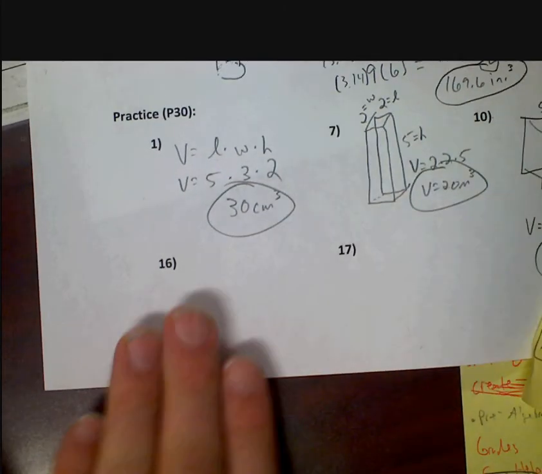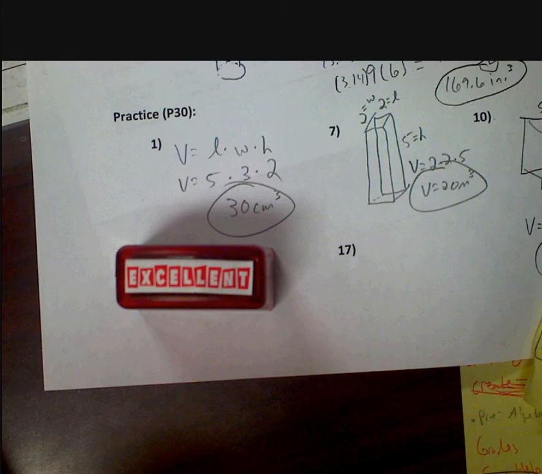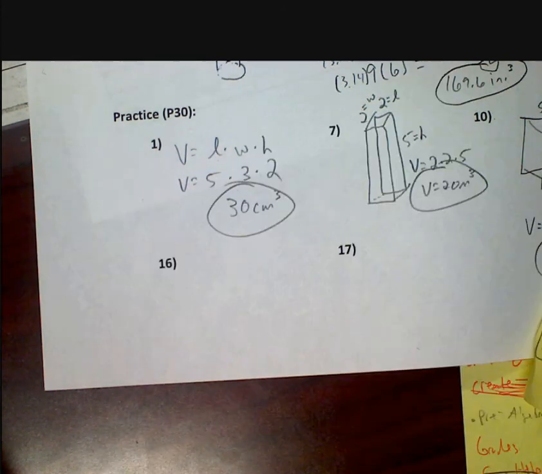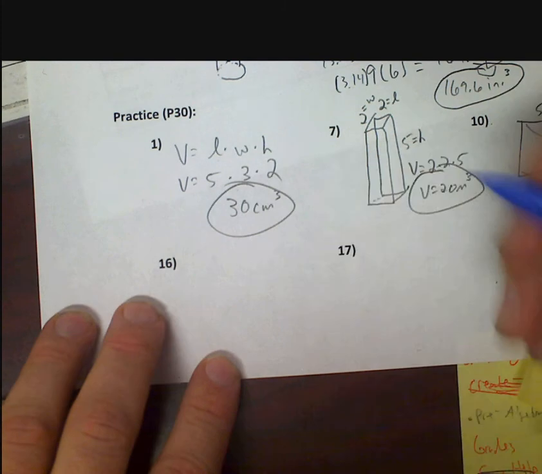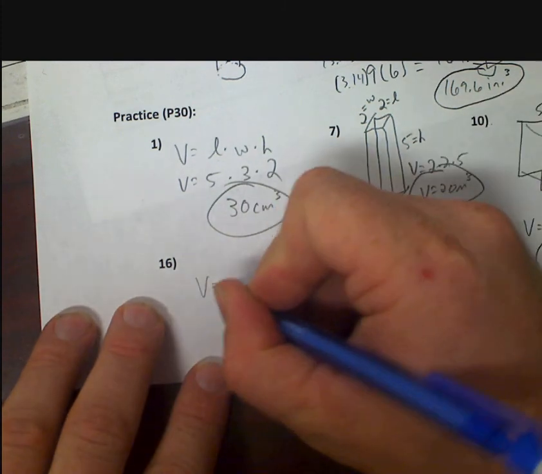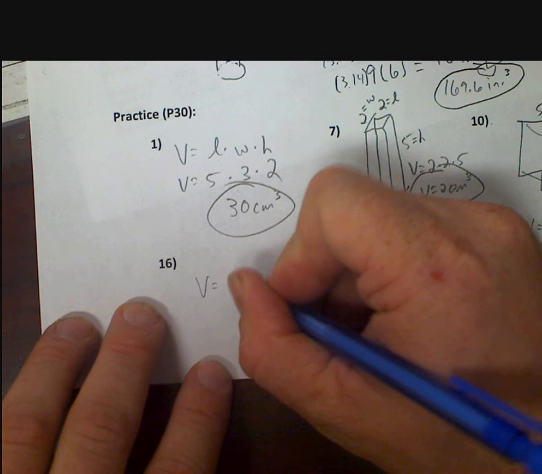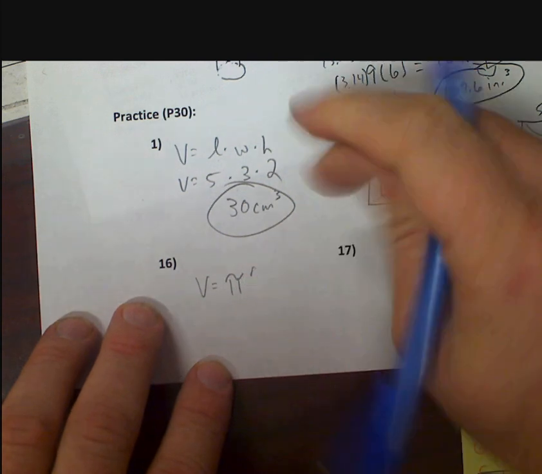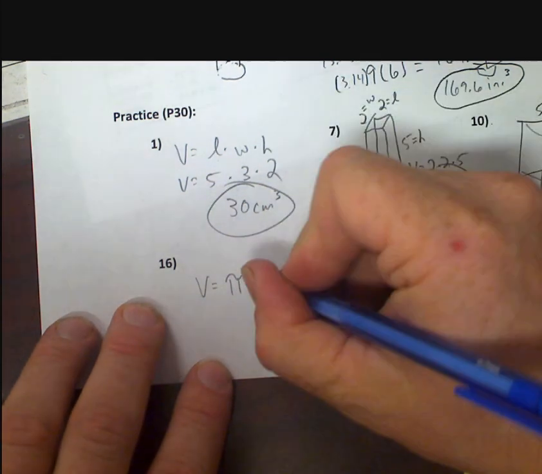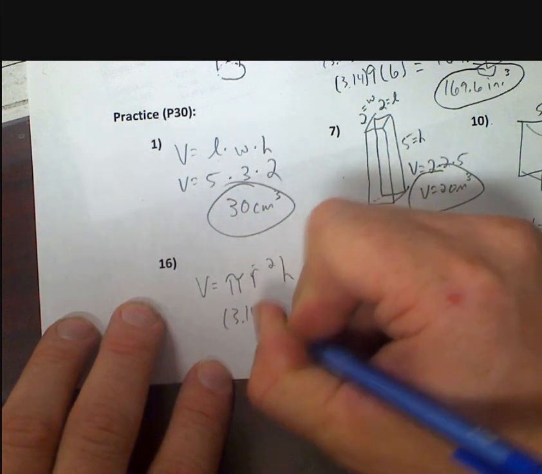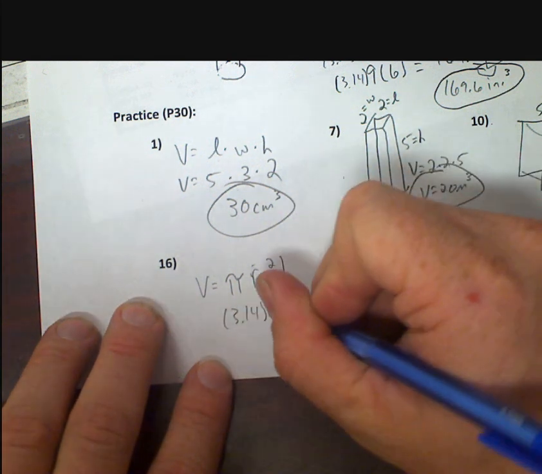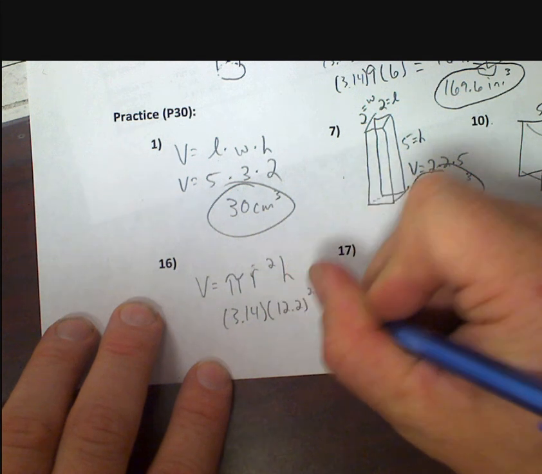Number 16, pause the video and try. On number 16, it is a cylinder. I'm not going to draw the picture because I just need to plug in what I'm given. A cylinder is pi r squared h. Pi is 3.14. My radius is 12.2. And my height is 12.2.